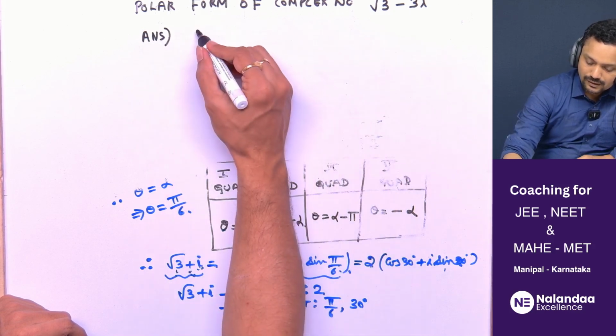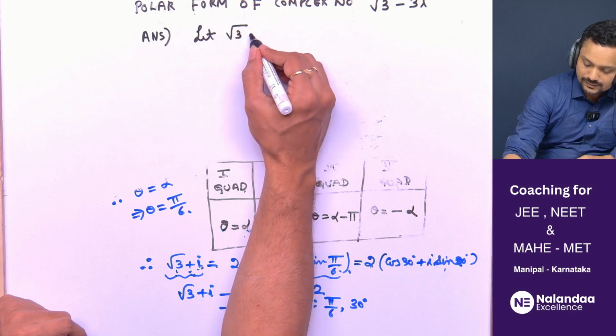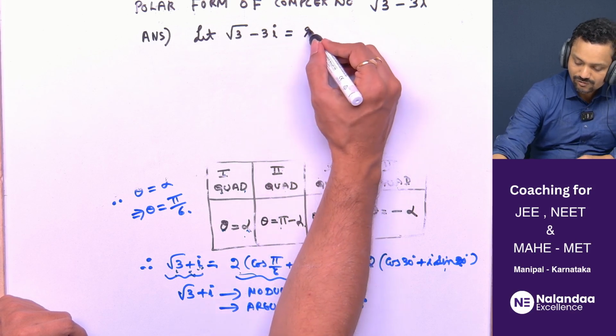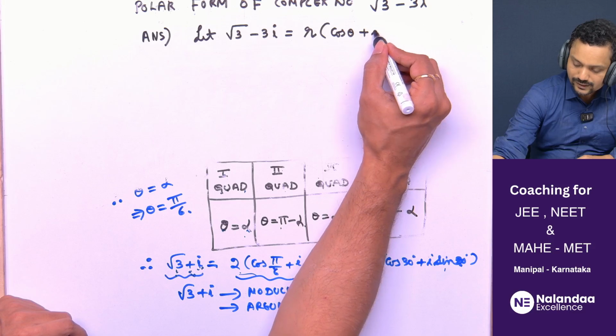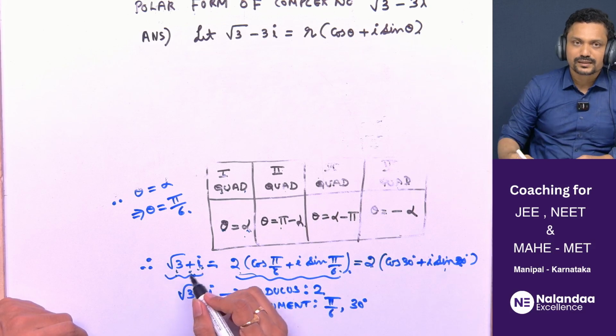First, we will assume the polar form to be r into cos theta plus i sin theta.